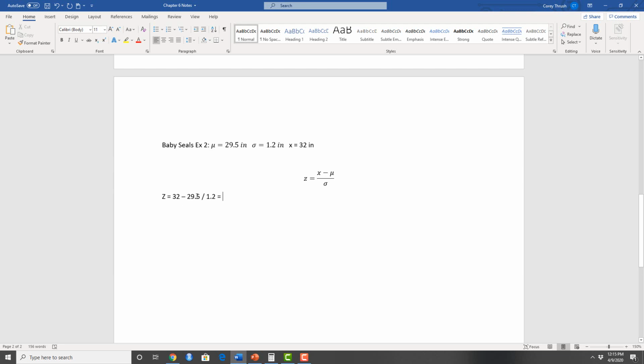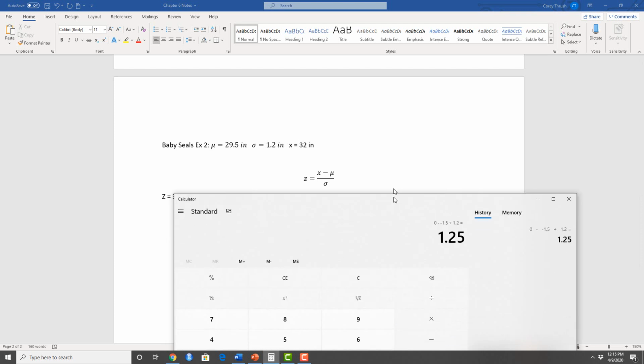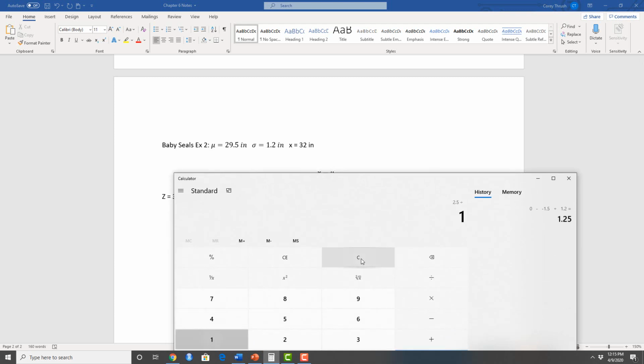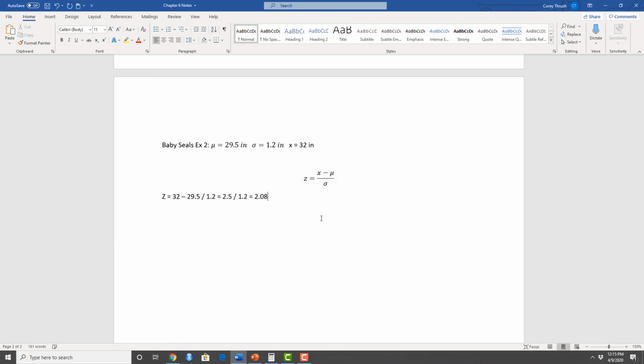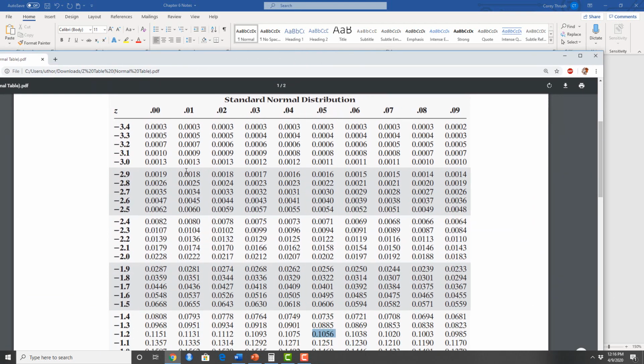So 32 minus 29.5 is 2.5, divided by 1.2, and that equals 2.08. I'm rounding to 2 decimal places because our z-score table doesn't go past 2 decimal points.